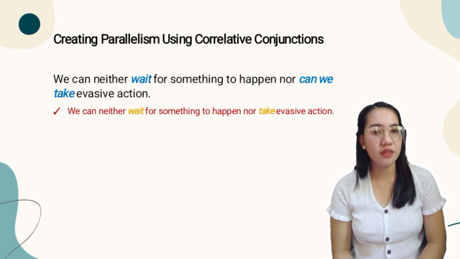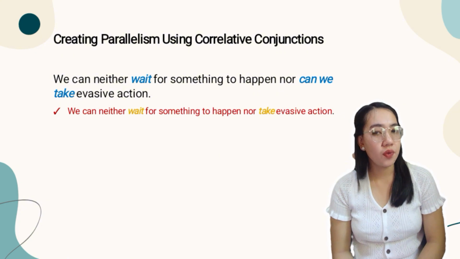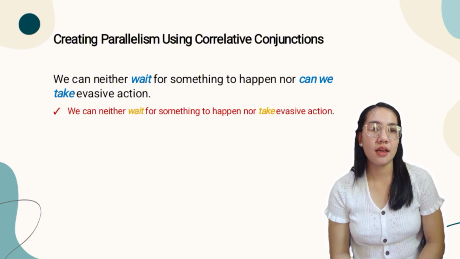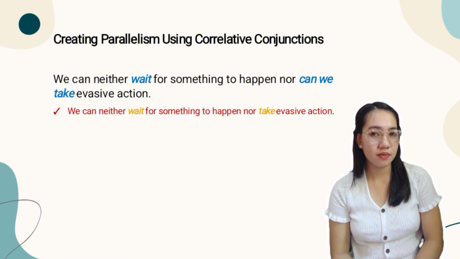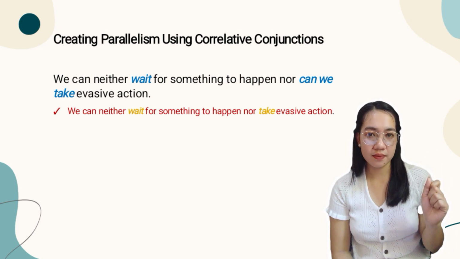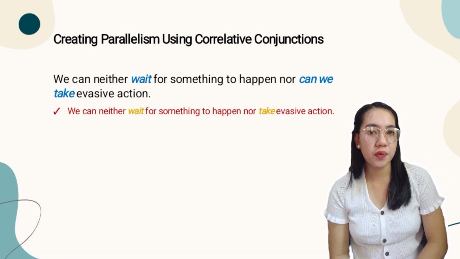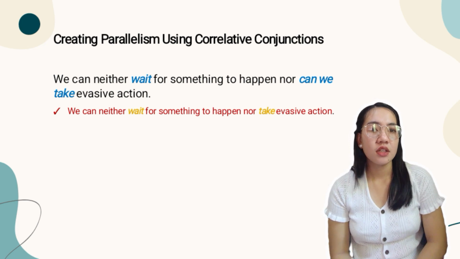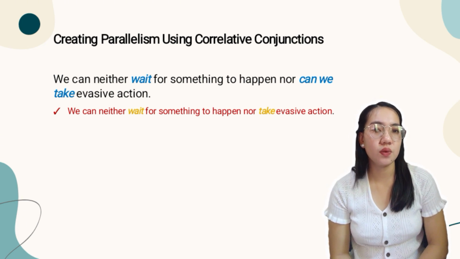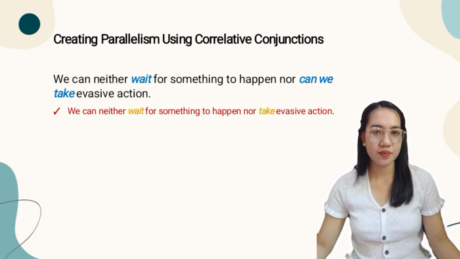We can neither wait for something to happen, nor can we take evasive action. Hmm, that is wrong. We can neither wait for something to happen, nor take evasive action. And that is correct.